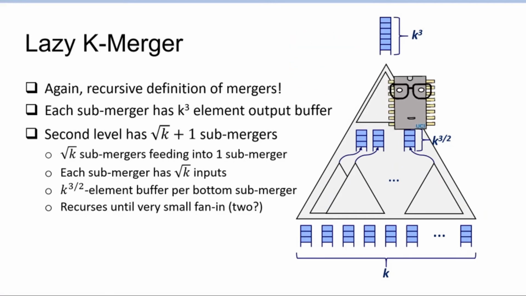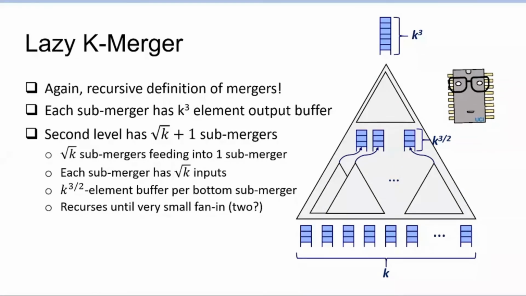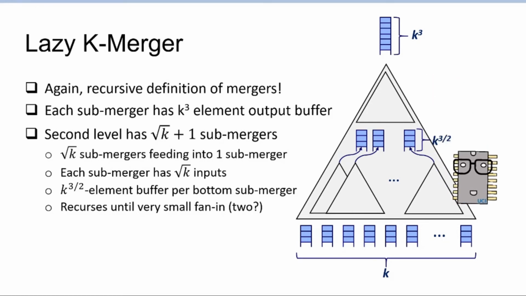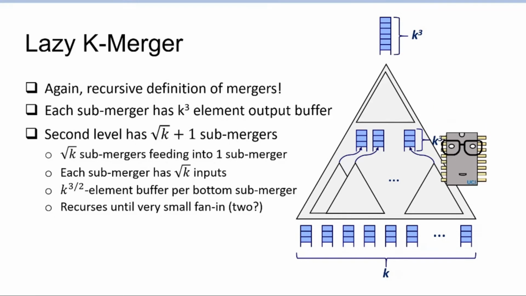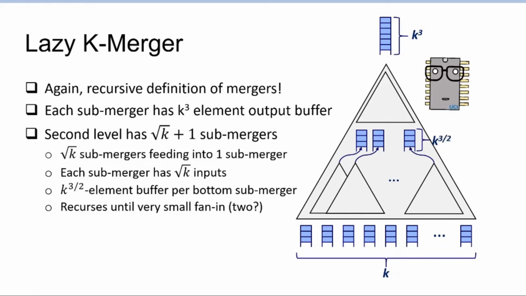Instead of having a hand-coded tree of mergers, taking input from R pre-sorted chunks and emitting into one, we can define a merger which takes K inputs and recursively chops it up into smaller and smaller mergers, always by chopping it into half, just like we did with the tree before.